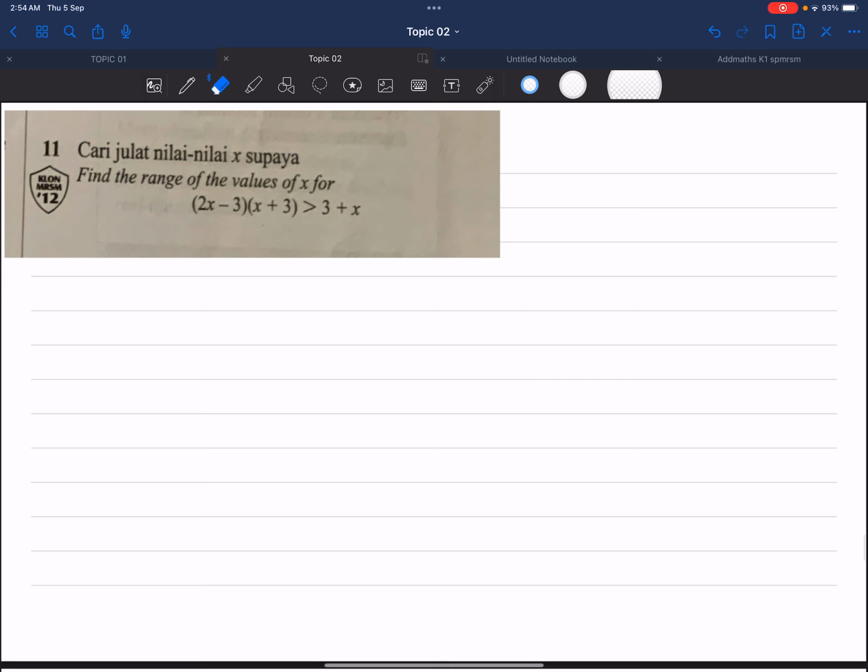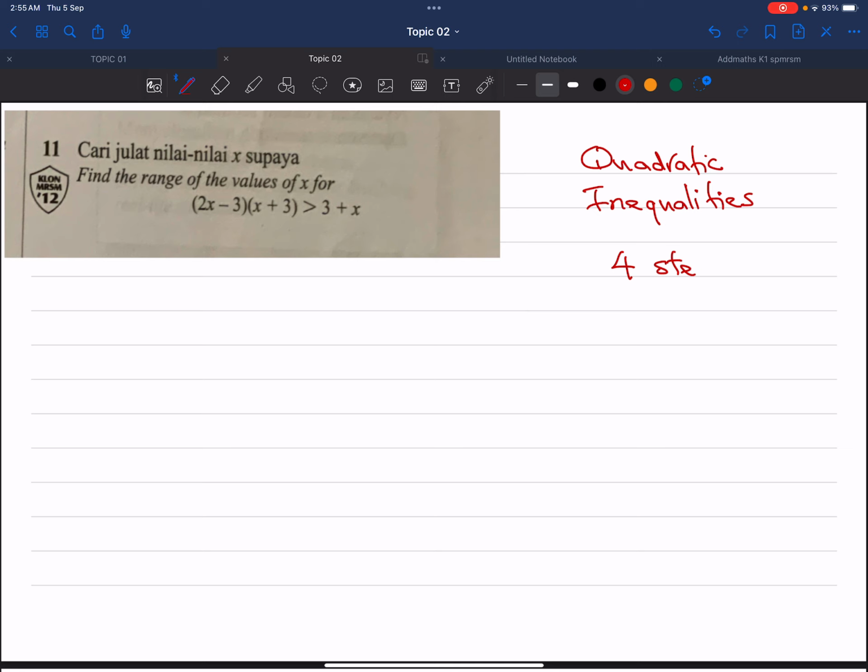In the previous lesson, I said that quadratic inequalities have 4 steps in solving them.